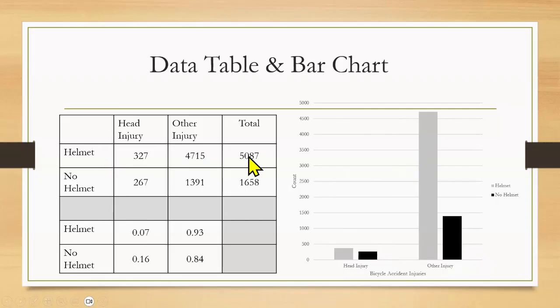I've only put the row totals on here to help you see what I'm doing. We're going to divide 327 by 5087, and that gives us 0.07. Down here I'm making a little table of the proportions rather than the raw counts. We did this way back at the beginning of the semester when we had absolute frequencies.